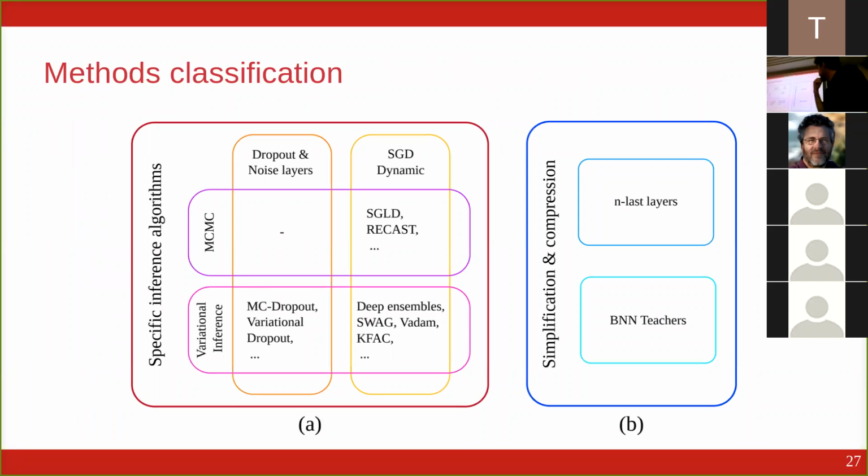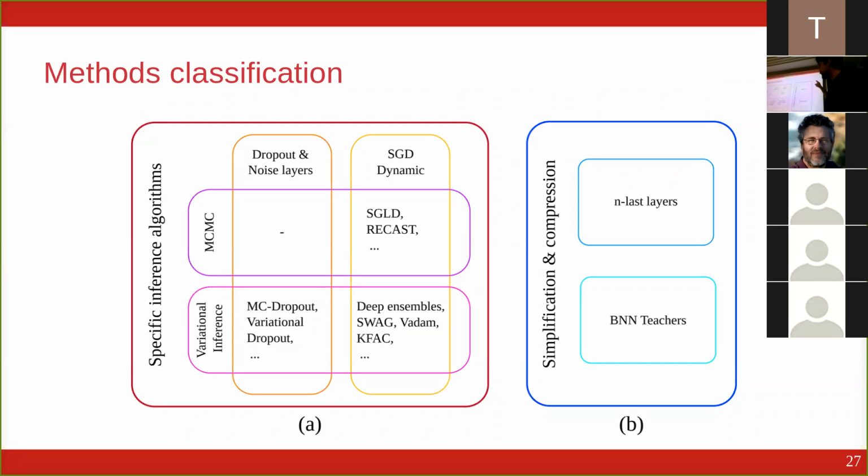Well, there are different methods. There's been a lot of research on specific inference methods, which can be split mostly first between variational and Monte Carlo methods. And the two approaches they are using are either dropout and other kinds of noise layers, or the stochastic gradient descent dynamic, which can be reinterpreted in a Bayesian way. And there are other simplification methods.